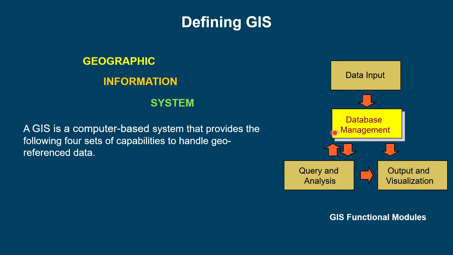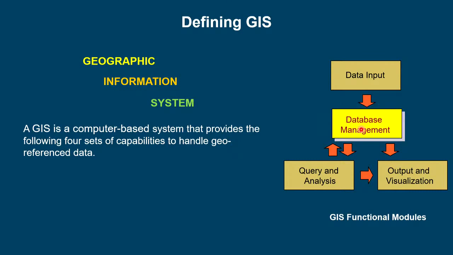Whatever the input data is, once managed or manipulated in the computer system, it is stored in the form of a database, and that database you can manage, edit or manipulate anytime. That is basically called database management.